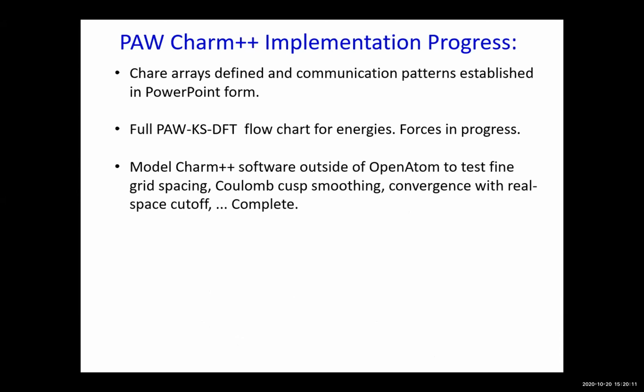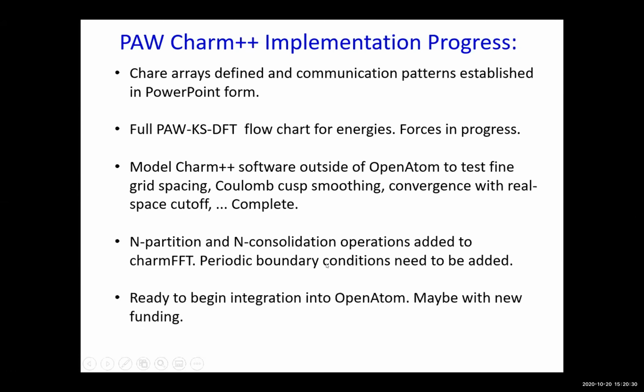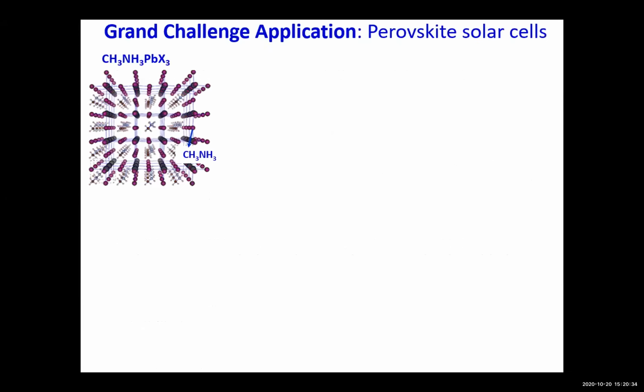So we've done some modeling outside of OpenAtom to test the fine grid spacing, alleviating Coulomb cusp conditions, convergence with real space cutoff, which is complete. And again, this Charm FFT library is being expanded. So we're ready to begin integration into OpenAtom, maybe with new funding.